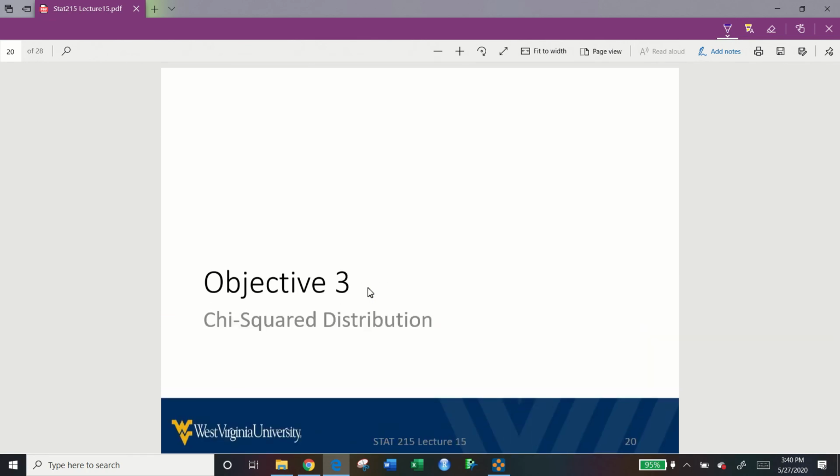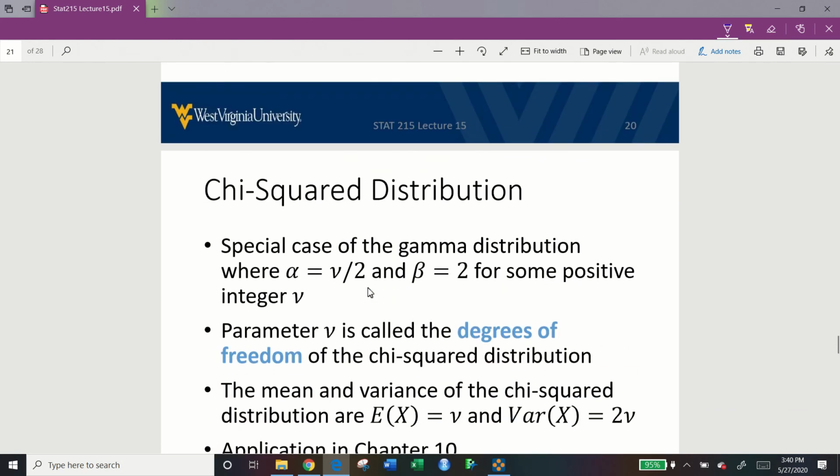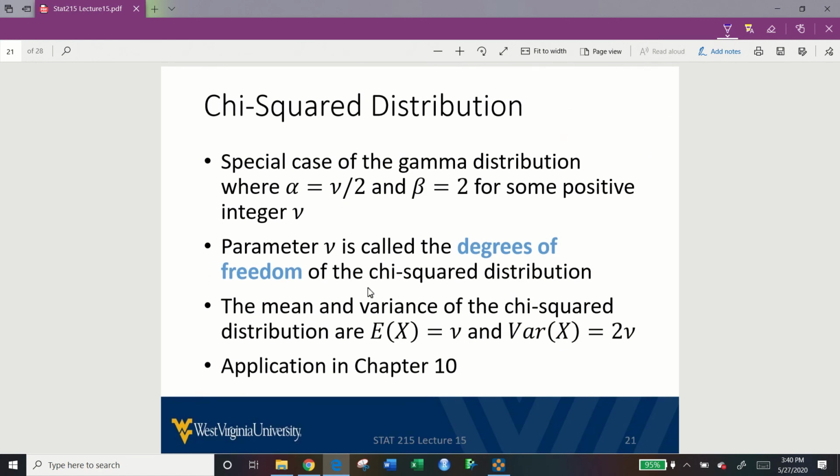We're going to talk about this very briefly, as in we're only going to spend one slide on the chi-square distribution today. But I do want to tell you the chi-square distribution will come up later in the course, but it's not our main focus of this particular lecture.